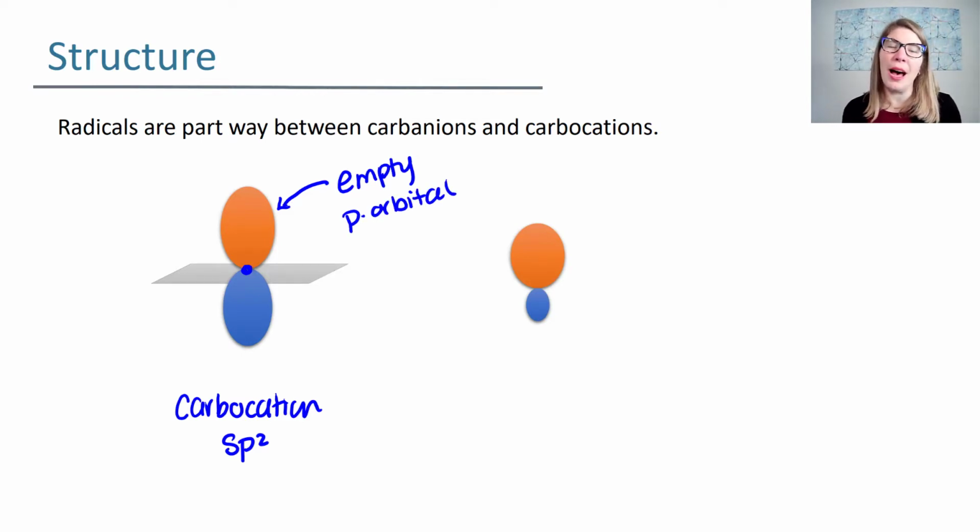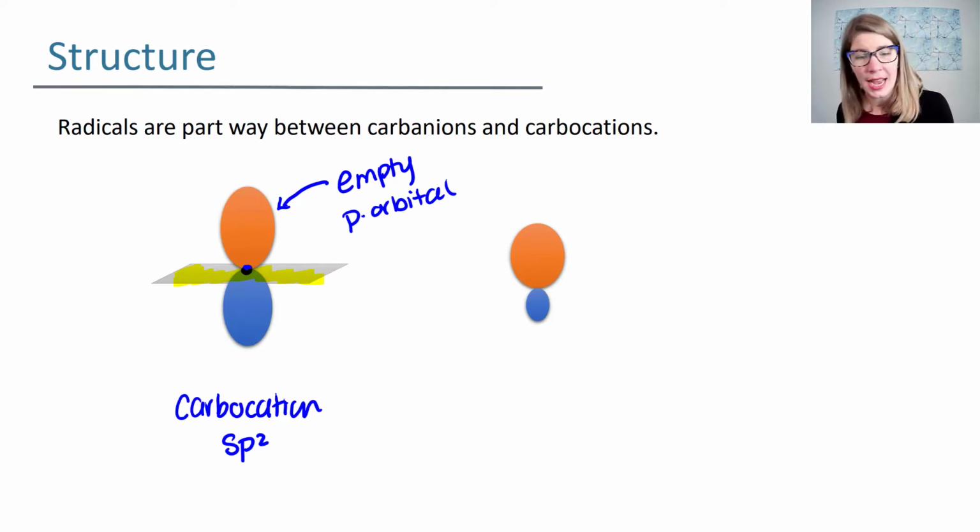And all of the bonds around that carbon are in the same plane, and that plane is drawn here. So that's kind of like the plane of the ground, showing you that the empty p orbital is perpendicular to that. That empty p orbital has a lack of electrons, and that's why you have a carbocation here.